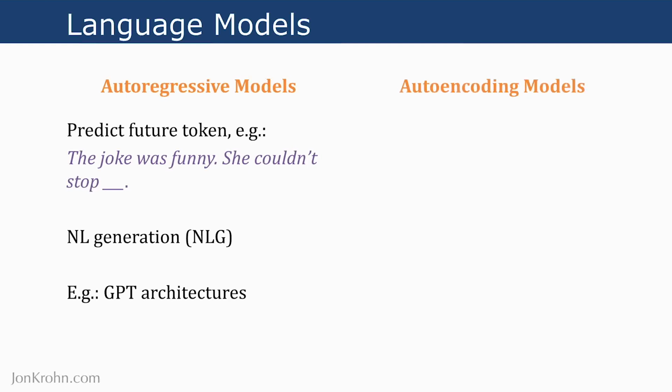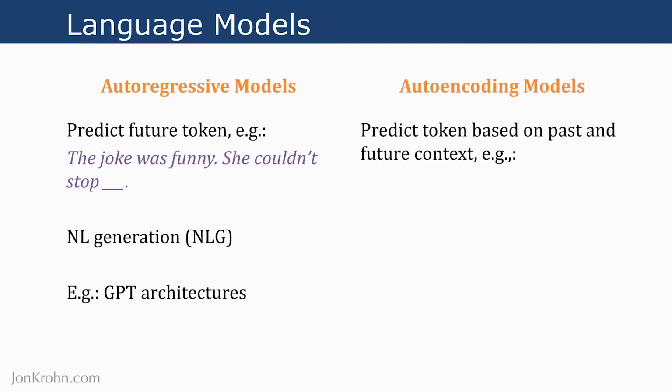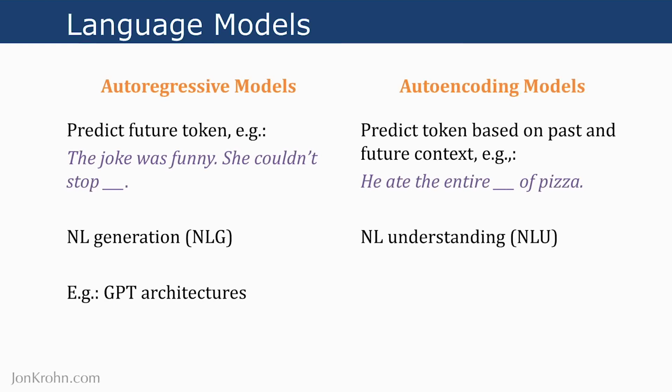Autoencoding models predict a token based on past and future context. So they're not just at the end of a sentence. These can encode in the middle of a sentence. So, he ate the entire blank of pizza. Predicting what that blank is, is what an autoencoding model is specialized to do.